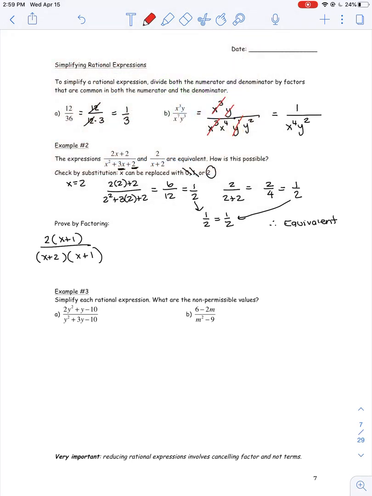The reason I did that is because now I have the same factors at the top and at the bottom. These can cross each other off, leaving me with 2 at the top and x plus 2 at the bottom. And we can see that it is equal to this one. So they are equal. Therefore, equivalent. Once you simplify, they should always look the same.